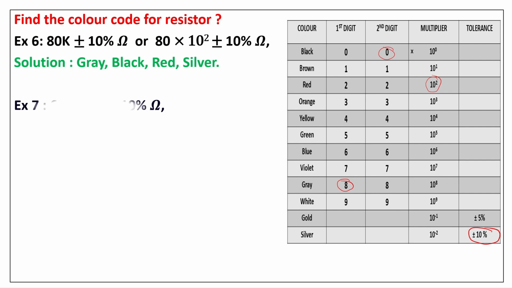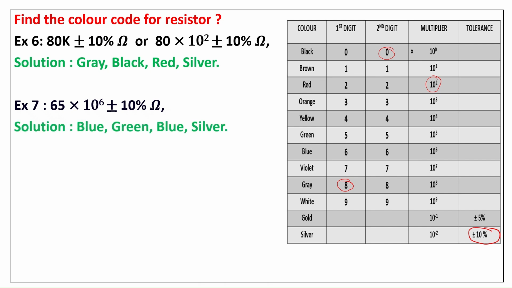Next. Example 7. Resistance is 65 into 10 to the power 6 plus or minus 10% ohm. Solution. Blue, green, blue, silver. Next. Example 8.